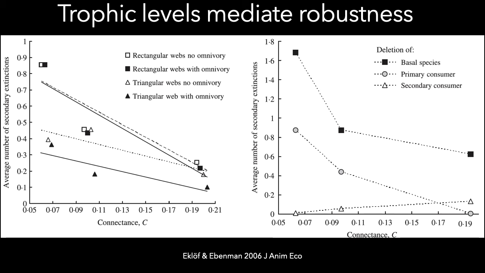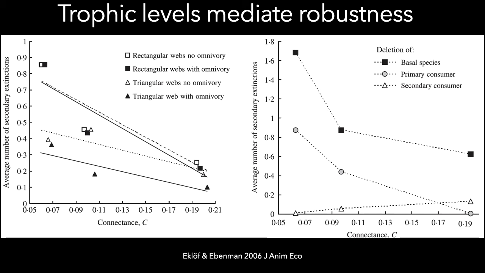But we want to understand what is going to happen in nature. It's quite likely that species are not going to get randomly extinct. For instance, if we think about defaunation and overfishing, we can hypothesize that species with higher body mass are those going to be lost first. We also know that usually the higher the trophic level, the higher the body mass.